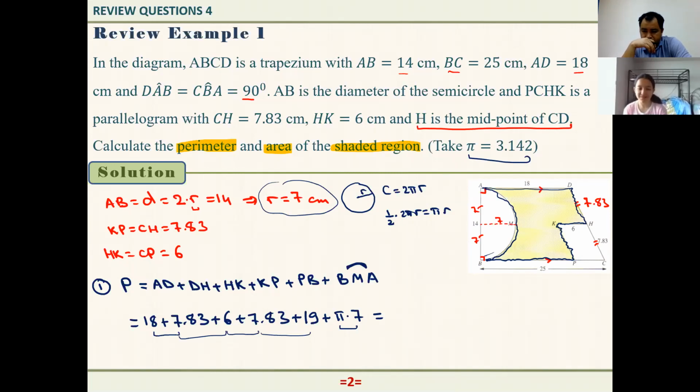Oh, I think I divided it. Oh, that's why. It's multiplied. So what did you get now? 80.654. That is correct. So it is in centimeters. That is the perimeter of the shaded region.